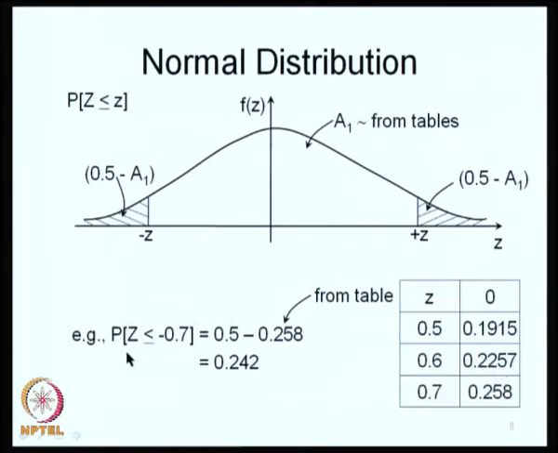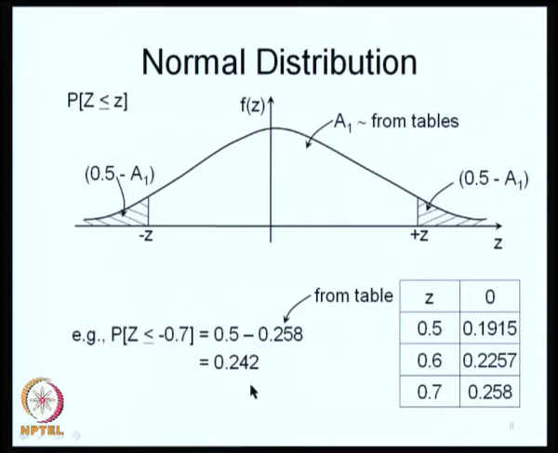So, for example, the probability of z being less than or equal to minus 0.7. From the table we read for z equal to plus 0.7, which comes out to be 0.258, and then we take 0.5 minus A1, which is 0.5 minus 0.258, which is 0.242. So, the probability of z being less than or equal to minus 0.7 is equal to 0.242.